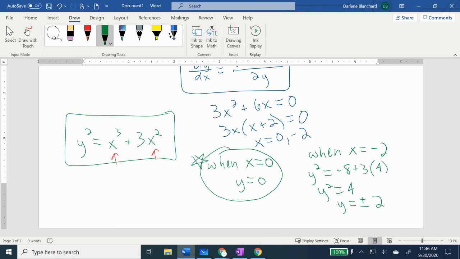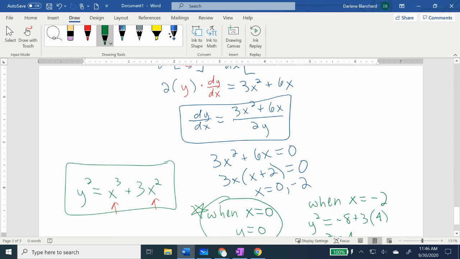So I'm going to go back to my dy dx, and I'm going to look at it a little bit more closely. One thing I can do is take the equation and substitute that in. Now, there are actually two equations going on if I isolate the y.